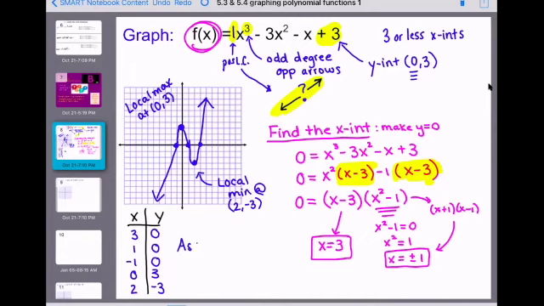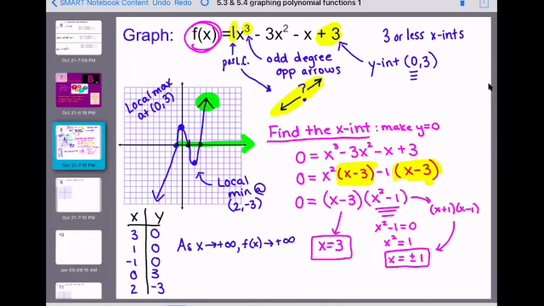As x approaches positive infinity, that just means as I look to the right, x going to the right, the function approaches... as I look to the right, where is the function going? It's going up. So we're going to say positive infinity.